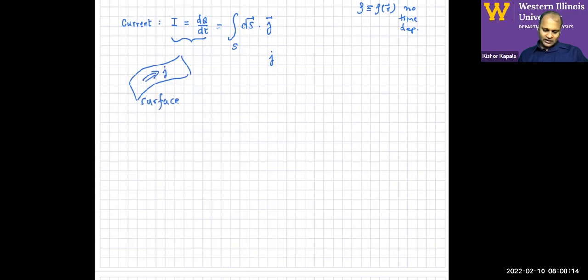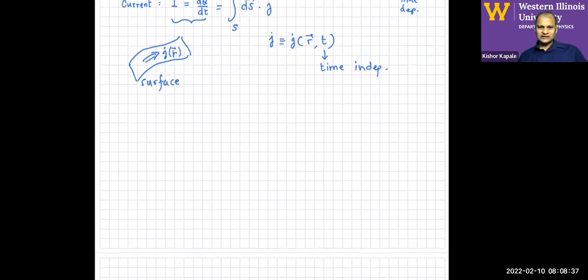And at each point in space, you have some current density J. J in principle could be a function of position and time, but we are going to assume time independence. And so then you would have steady currents, which are not changing, right?